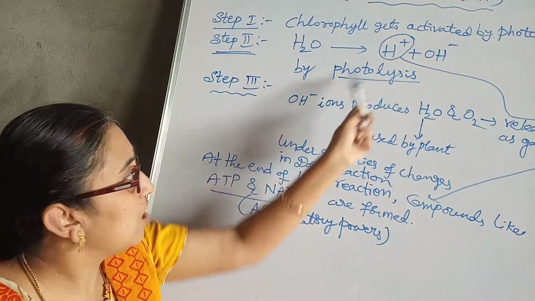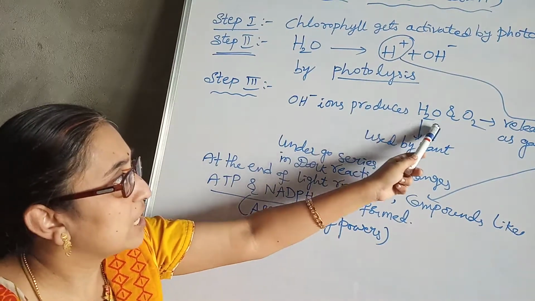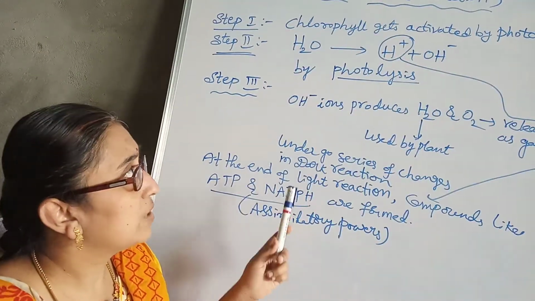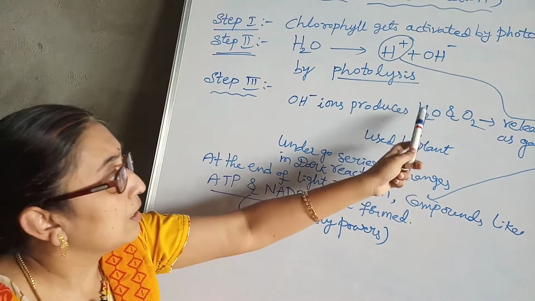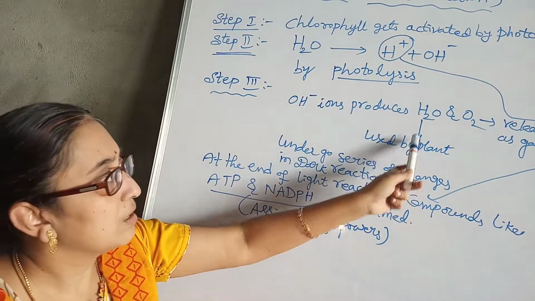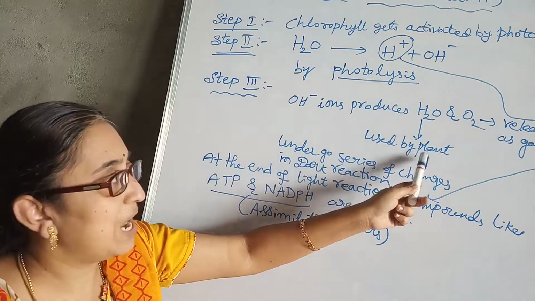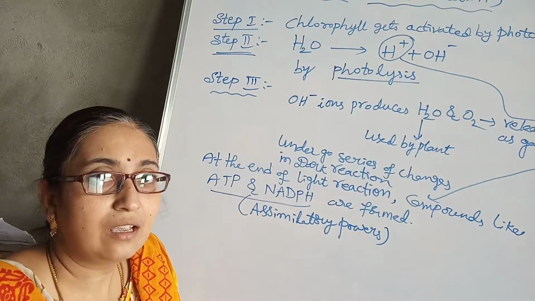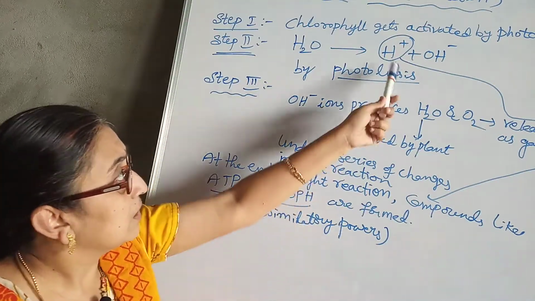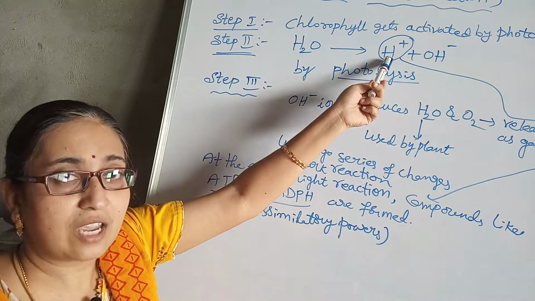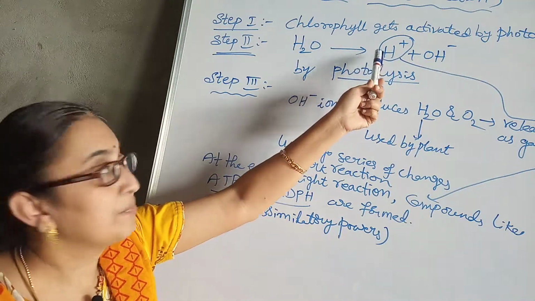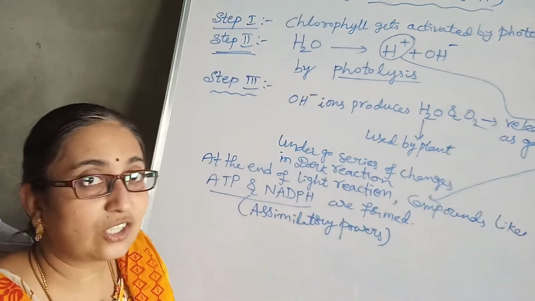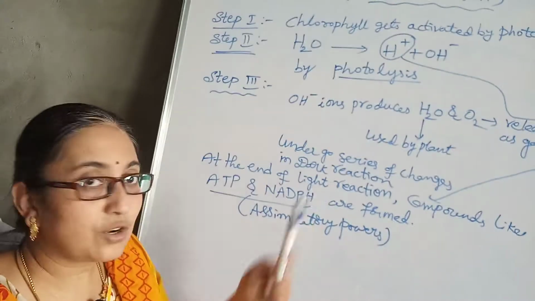The OH minus ions produce H2O and oxygen. Here the water molecules formed are utilized by the plant and O2 is released as a gas. And the H plus ions, which are nothing but protons, will undergo a series of changes in the dark reaction.